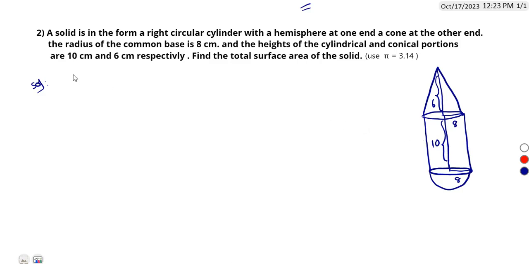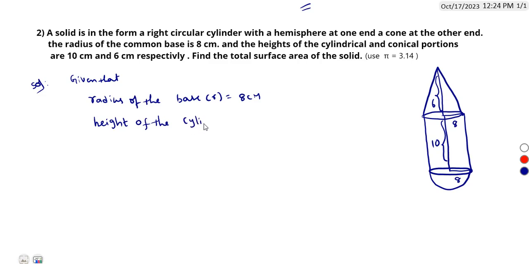Okay, first what is given. Radius of the base r equals 8 centimeters. Next, height of the cylinder h equals 10 centimeters.